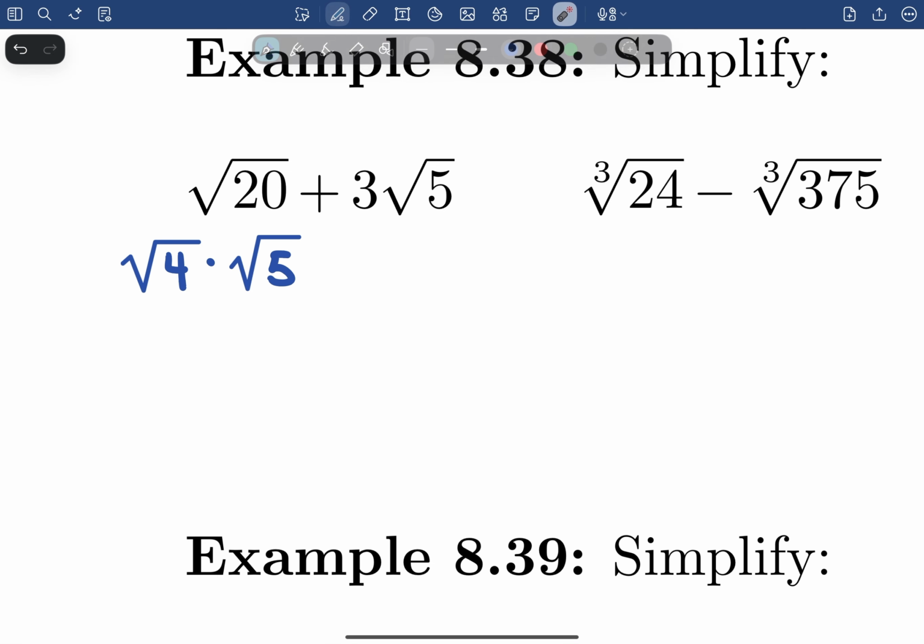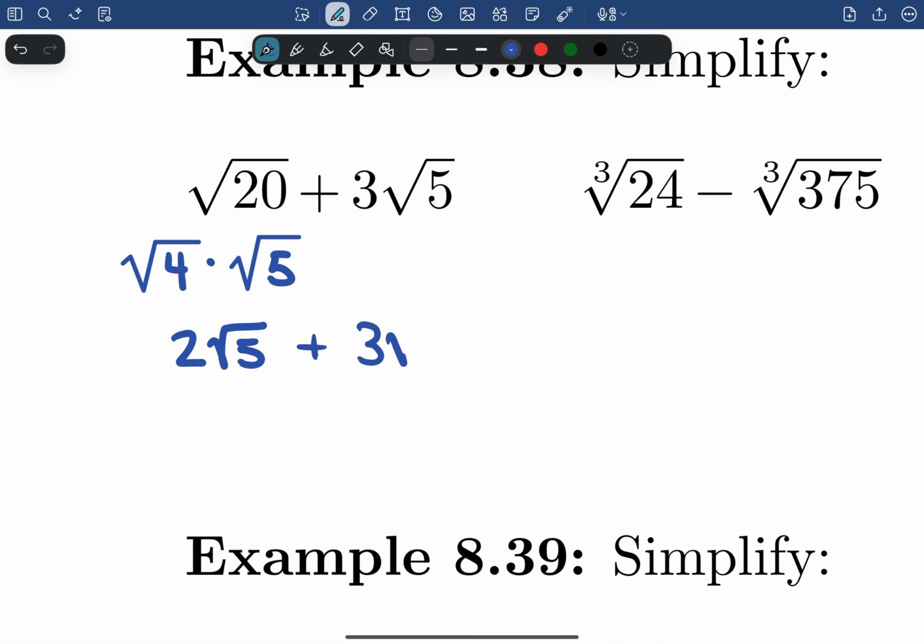And so I've turned the square root of 20 into the square root of 4 times the square root of 5 using the product rule of radicals. And the square root of 4 is 2. So I rewrite the square root of 4 as 2, and then I multiply it by the square root of 5. And then I still had this other piece, this plus 3 root 5, so I'm going to include that in my expression again.